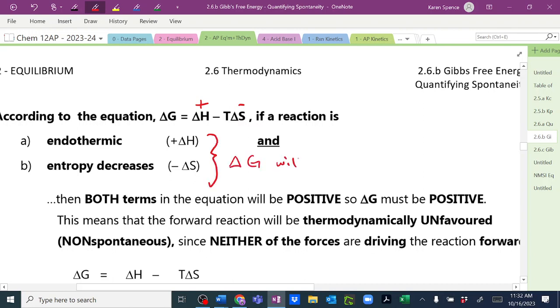Delta G will always be positive. And what does that tell you? Not thermodynamically favored.